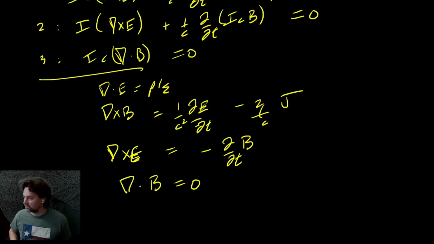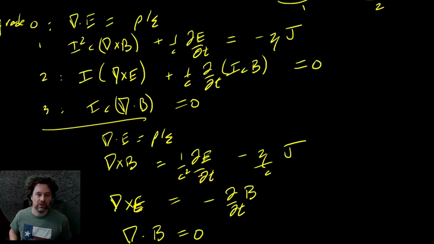And just checking if I've got all my signs right, and I do not. There should be a plus here. Let's see what went wrong. Oh, okay, because I divided by minus 1 and I didn't flip the sign.